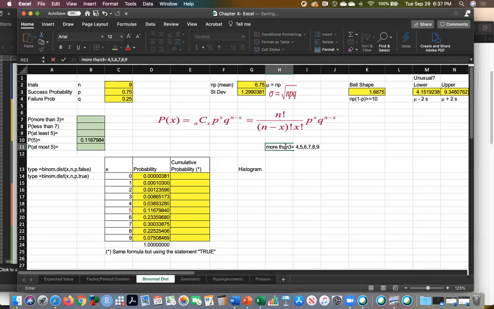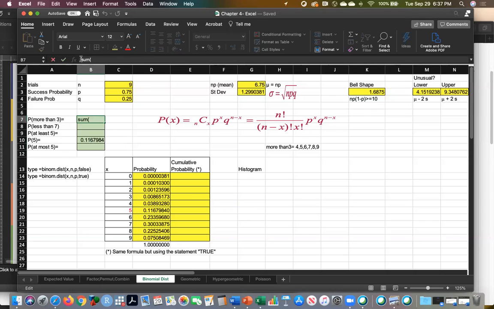So that's what I have to do in order to find the probability that more than 3 are going to be successful. So what I'm going to do here is sum these 4, 5, 6, 7, 8, and 9.